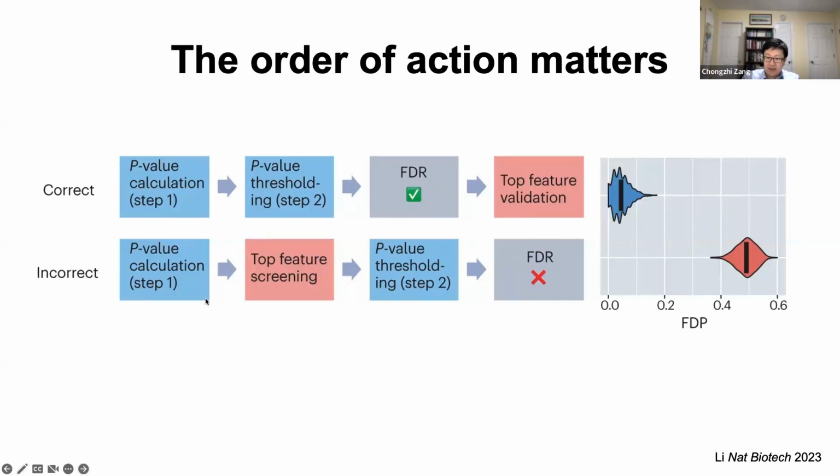But the incorrect way that some people might do is that, after the first round of p-value, we select some top features, and then in these selected top features use a second p-value thresholding, and then report this one as a p-value.